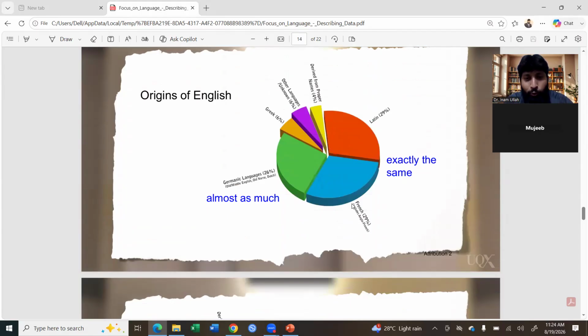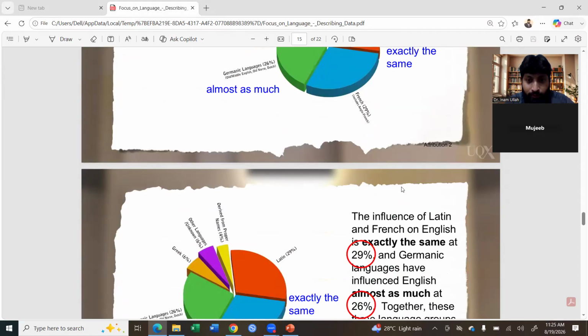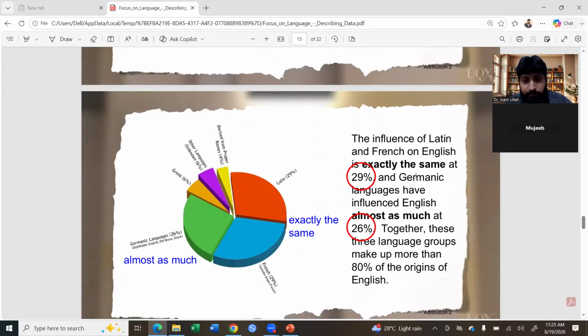So the contribution of these two languages is exactly the same at 29% each, right? Then Germanic languages are contributing almost as much, 26%, almost as much as Latin and French are contributing. It's not exactly the same, but it is contributing almost as much as Latin and French are contributing to the English language.